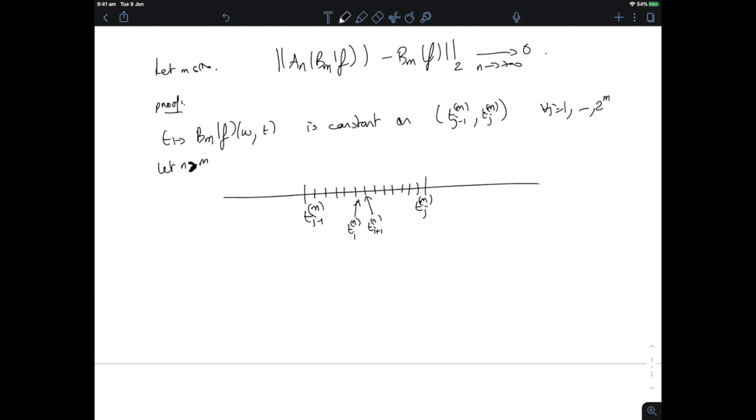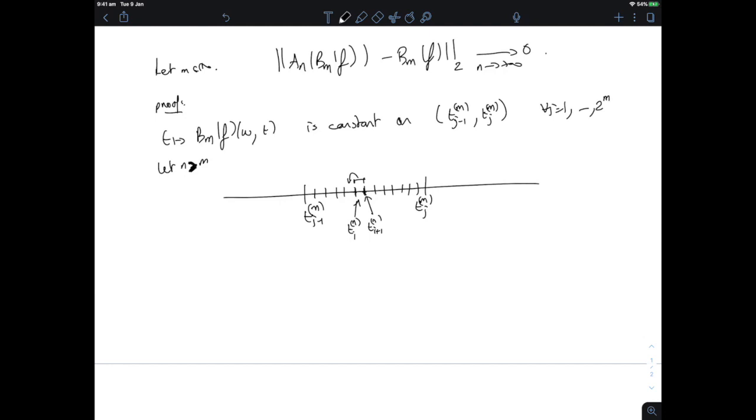Now, the function Bm f of omega, t is constant on those intervals. So what do you do when you take the An approximation on such an interval? Here, you replace the function by a constant which comes from the interval just before, right? It's the average of the process on the interval just before it.